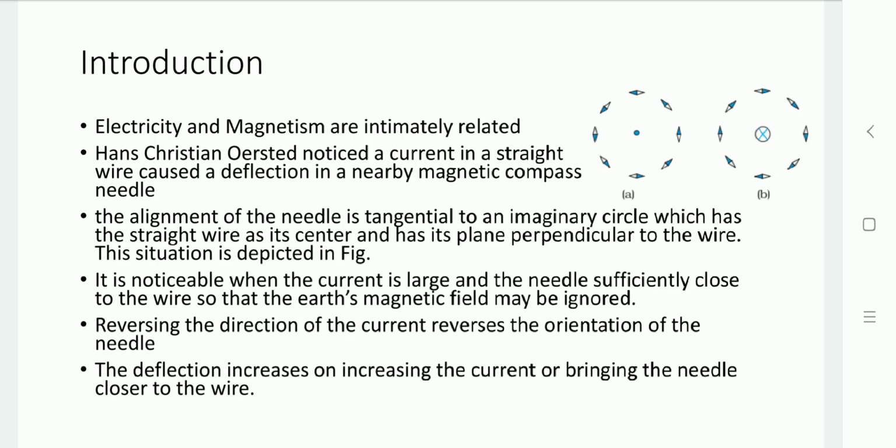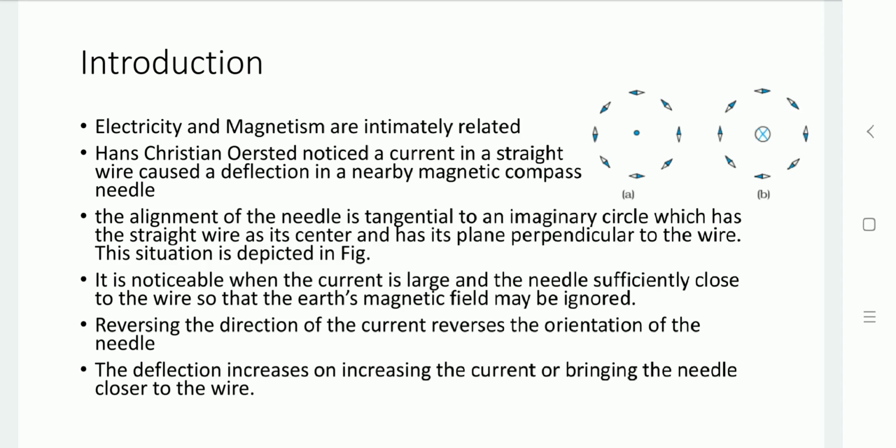Now, if we change the current direction, say initially the current moves from A to B in the forward direction, and then we reverse it so the current moves from B to A, the orientation of the needle changes as shown in figure B. As the current increases, the deflection angle of the needle also increases.